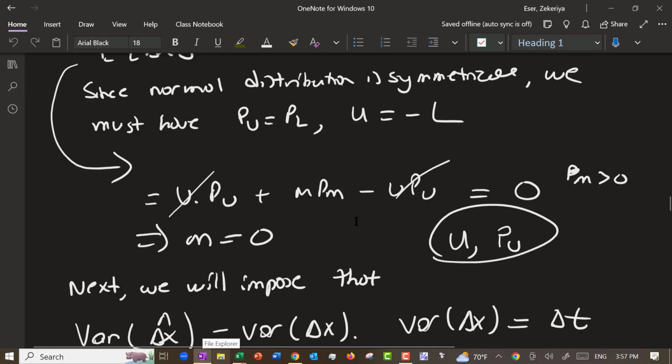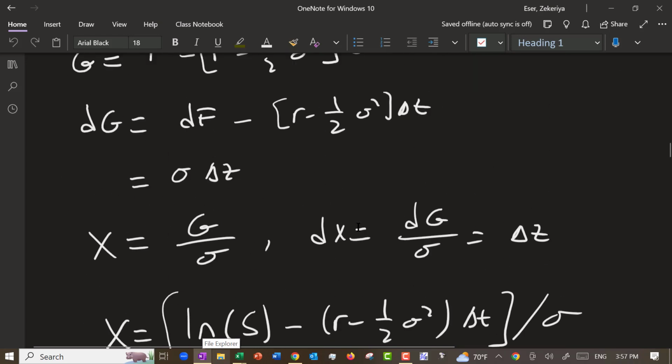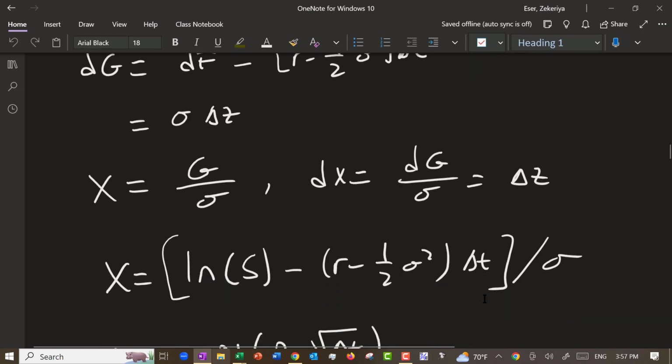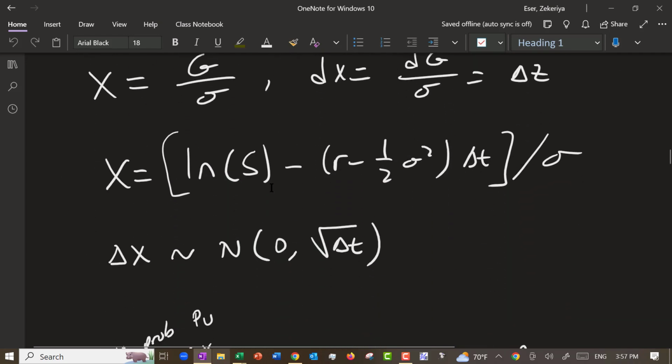I'm using simply T equals 0. So the whole thing is going to be log of the spot price divided by the sigma.